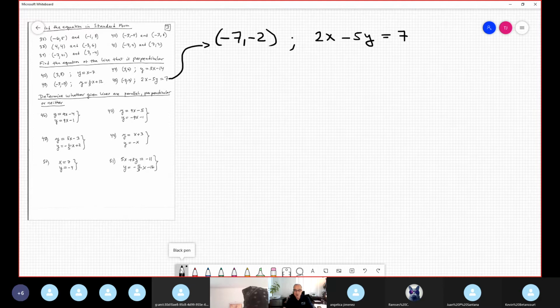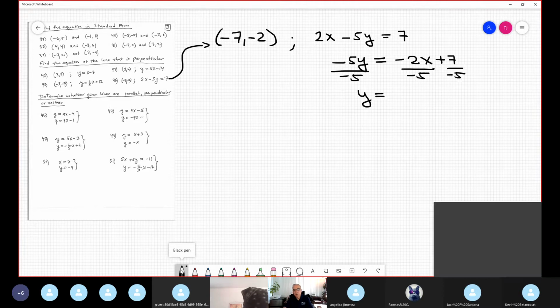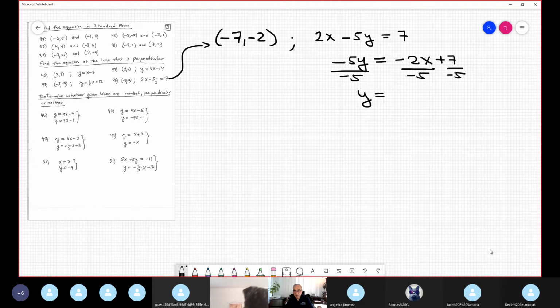I solve for y: minus 5y is equal to minus 2x plus 7. I move 2x to the right-hand side and divide everything by negative 5. y alone is equal to negative 2 over negative 5, which is positive 2/5 x minus 7 over 5.